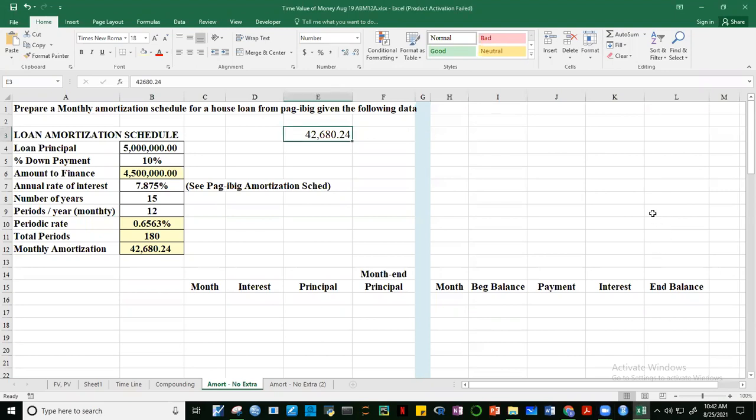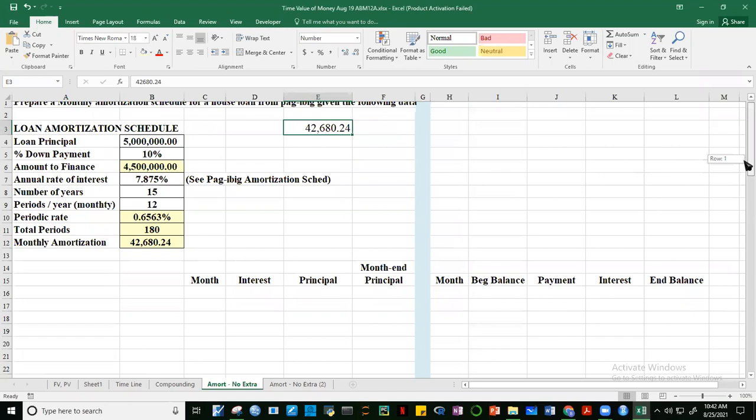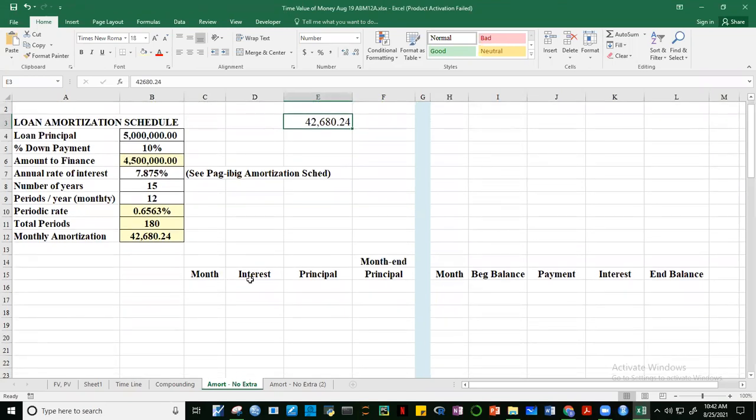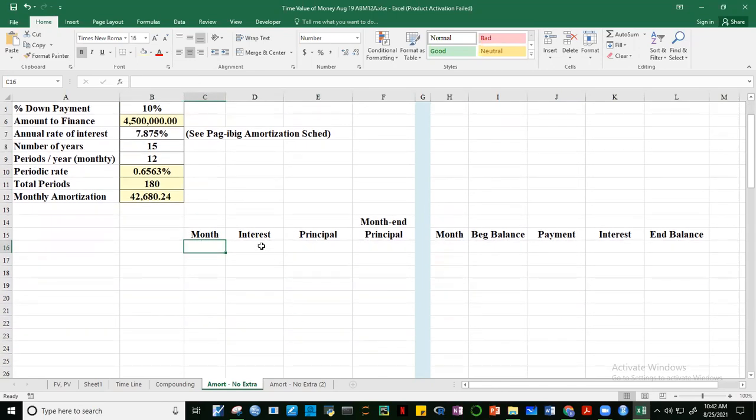All right. So let's now create a very basic monthly amortization schedule. Hindi na natin ilalagay yung payments, kasi alam naman natin ang payment, 42,680.24. So we will just create a schedule so that alam natin kung magkano yung interest na binabayaran natin, magkano yung principal, tapos magkano yung ending balance natin.